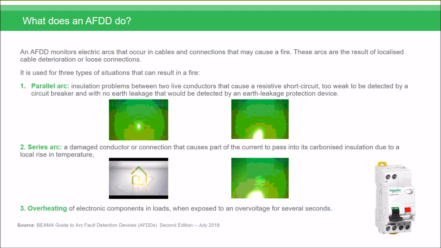So as this is a new technology, we look at what arc fault detection devices do. An arc fault detection device monitors electrical arcs that can occur in cables and connections that can cause fire. These arcs can be the result of localized cable deterioration or even loose connections themselves. So they're designed to detect low-level hazardous arcing that circuit breakers and RCDs aren't really designed to detect.